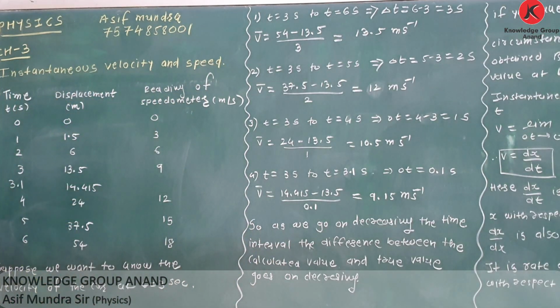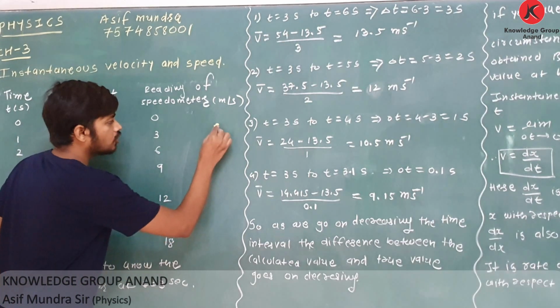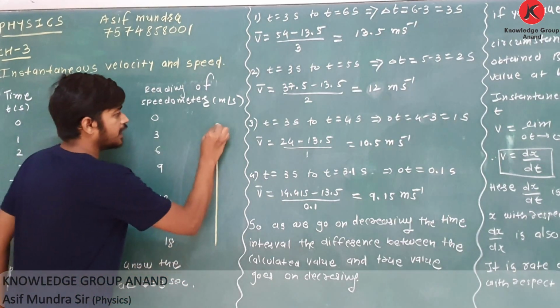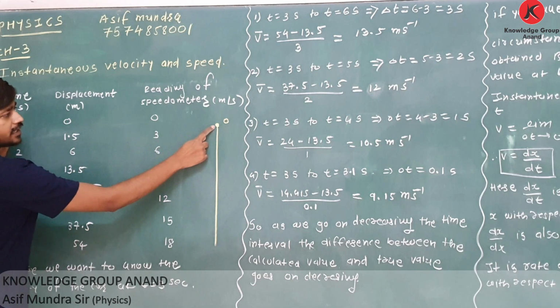Here we have one example. One vehicle is in motion from a point on a straight line. It is the origin O. As time passes, 1 second, 2 second, 3 second, 3.1 second, 4 second, 5 second, 6 second, its displacement from the origin at 0 second is here.